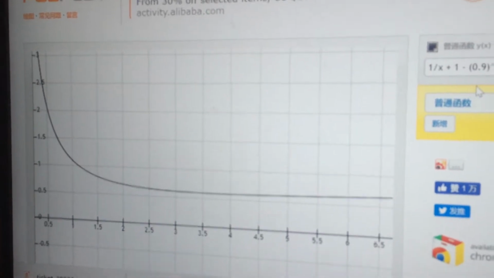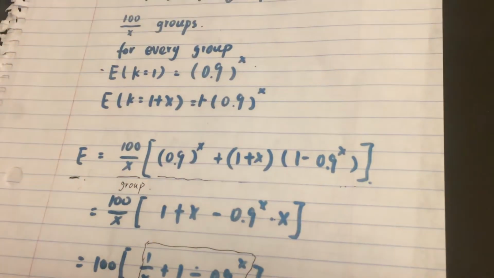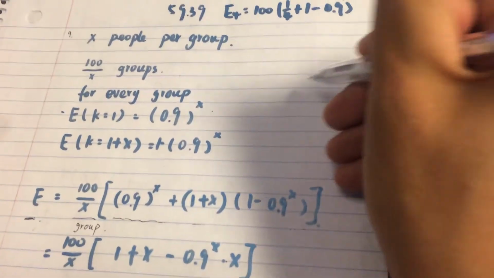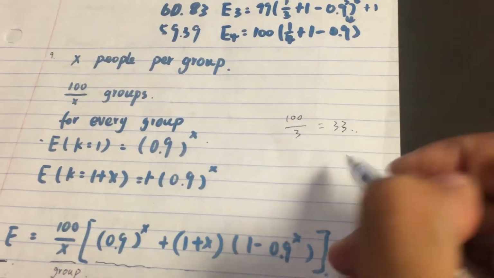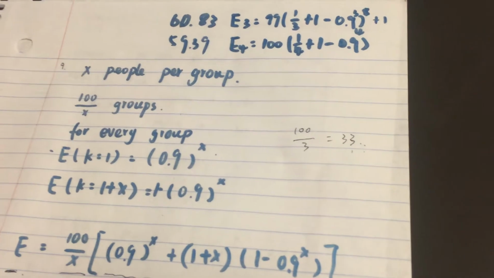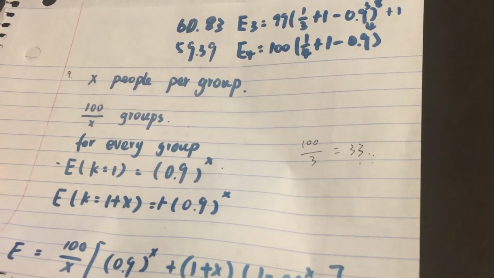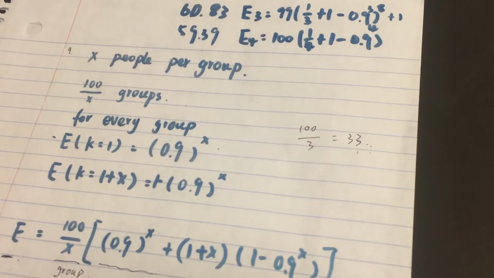So we can say that when x equals 3, we can divide it into 33 groups and plus one separate person.